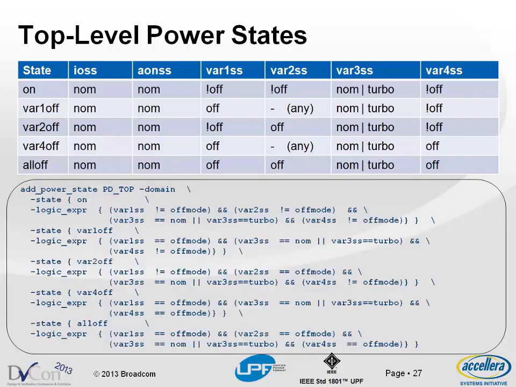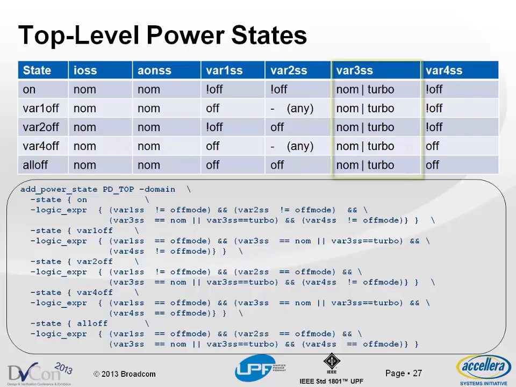So for instance, what we have here is the I/O supply and the AON supply are always on at a constant voltage. So we are probably going to declare the other states as illegal so that we don't have to worry about these. So pretty much the supply sets that are of interest are these 4 because they seem to have some combinations. On top of it, this var3 supply set also seems to be pretty much constant.